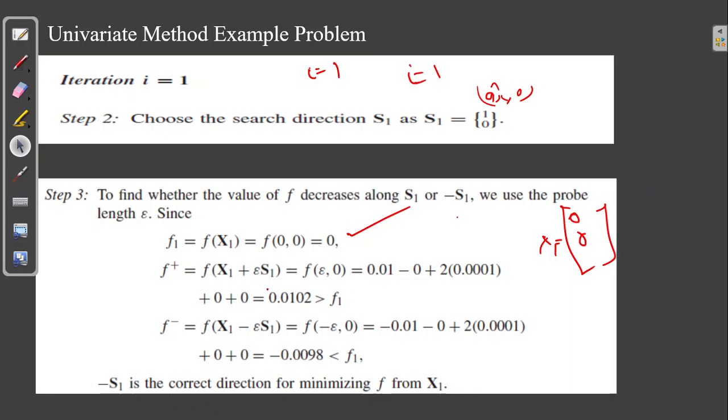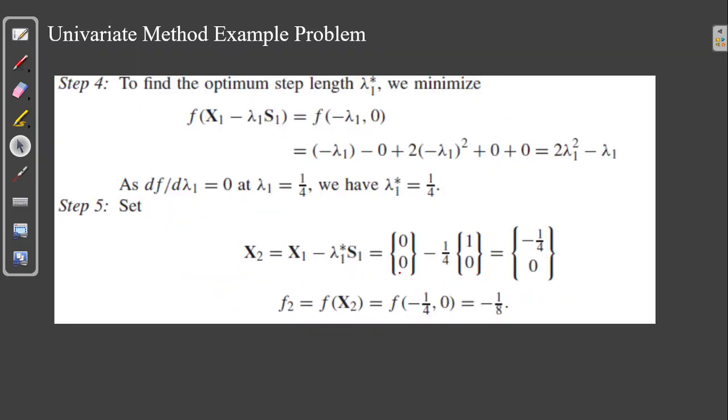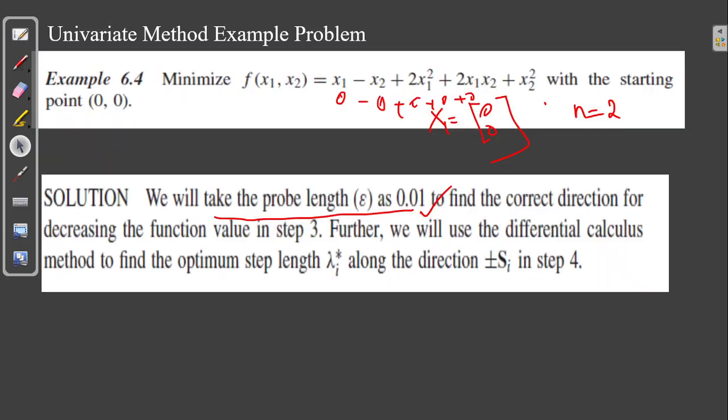So this function can be reduced to f of (epsilon, 0). Wherever you have x1, substitute x1 by x1 plus epsilon s1, and wherever you have x2, substitute x2 by x2 plus epsilon s2.